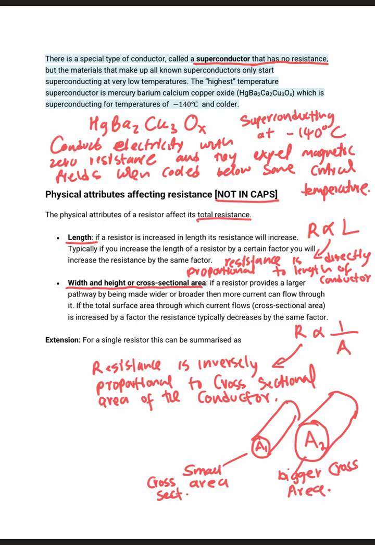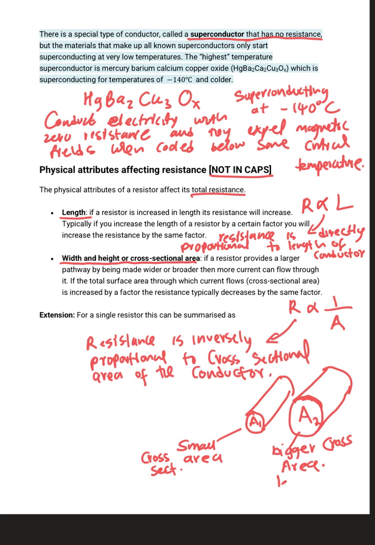So this conductor will have less resistance, and this one will have a large resistance because the cross-sectional area is small.